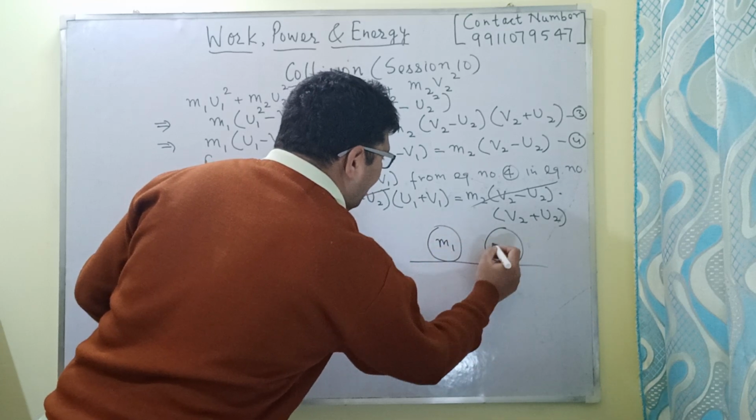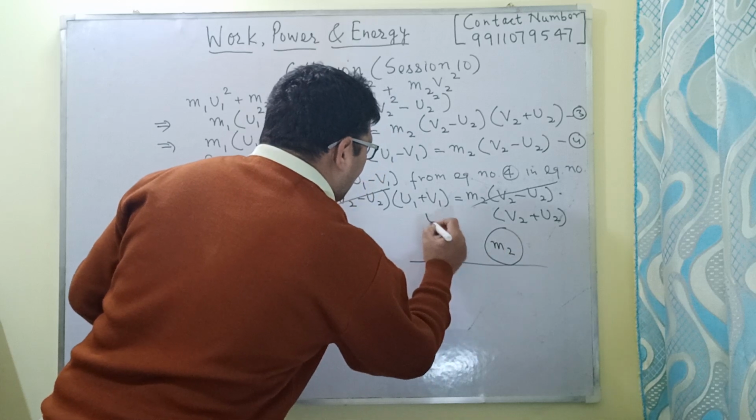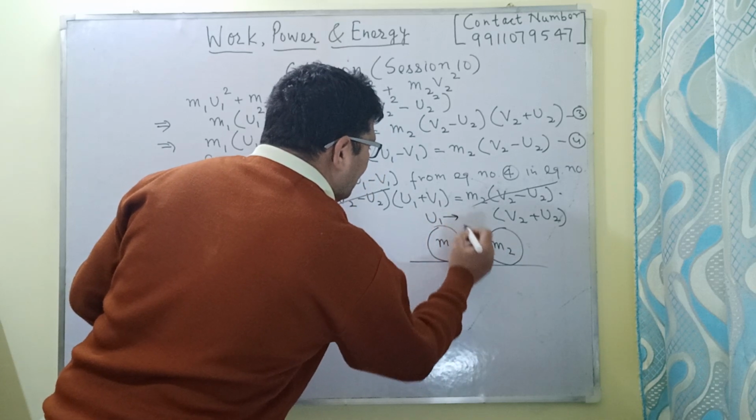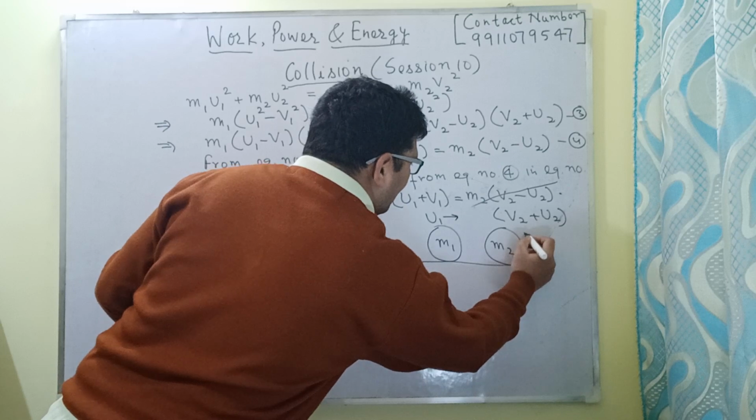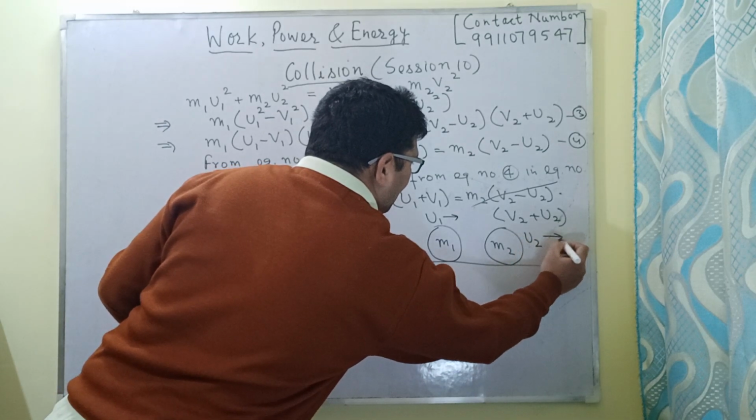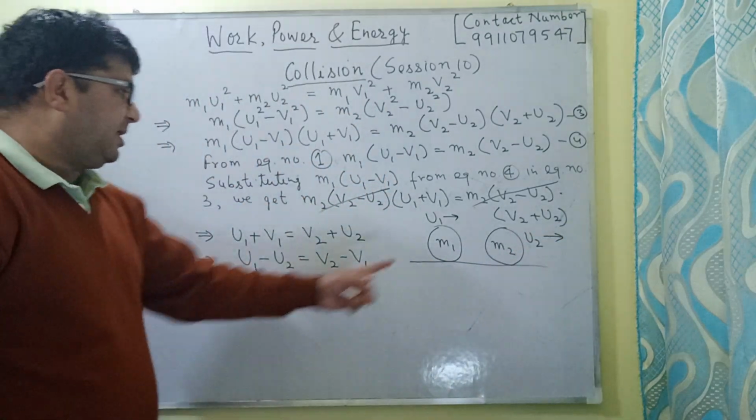This is the body of mass m1 and this is the body of mass m2, and this body was moving with a velocity u1 before collision, and this body was moving with a velocity u2 before collision in the direction indicated by the arrow.